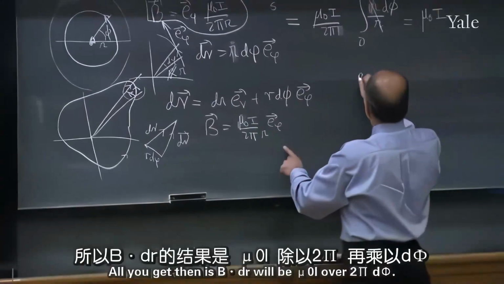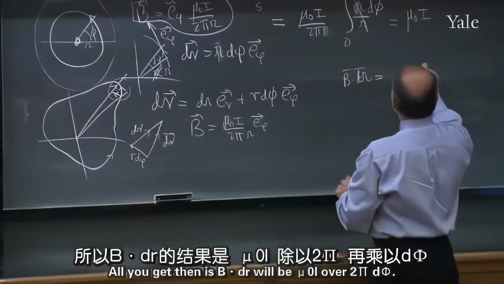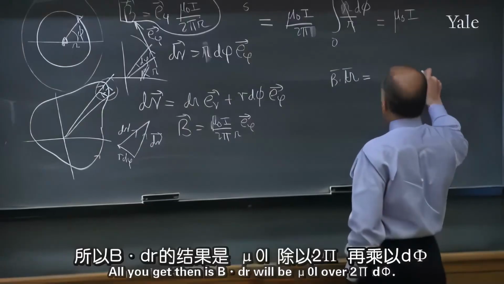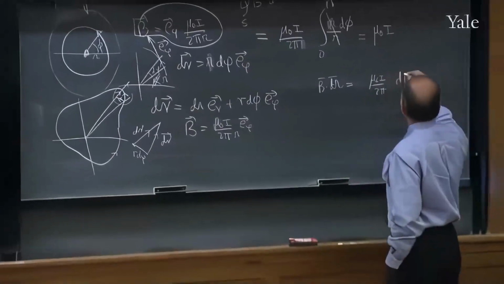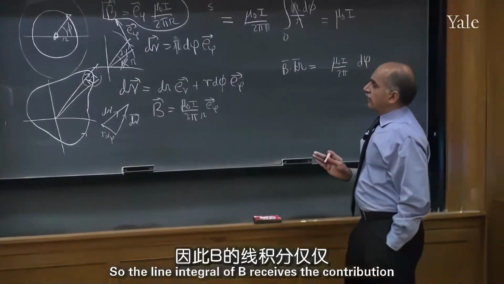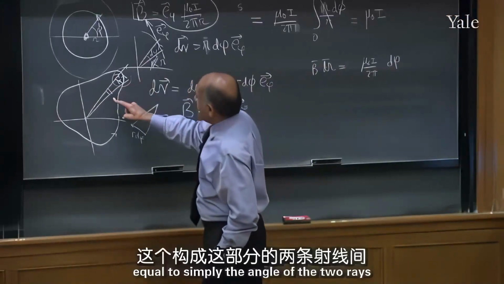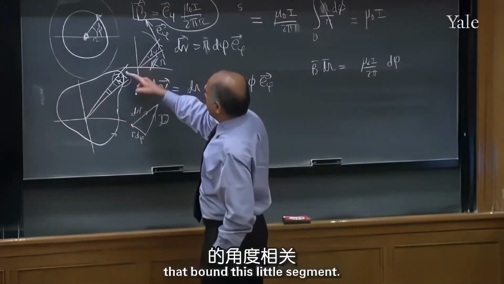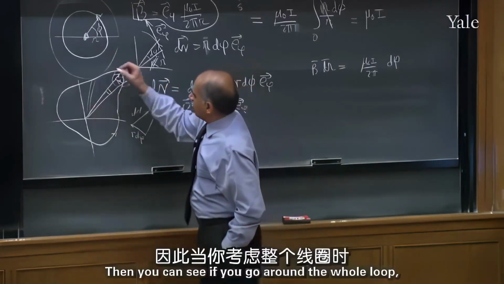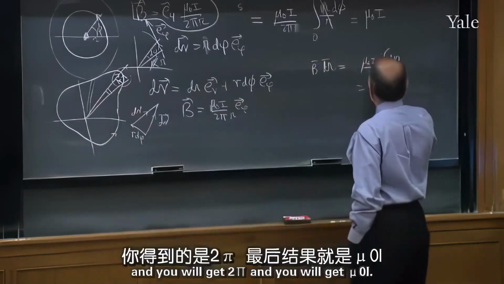All you get then is B dot dl equals mu 0 I over 2 pi dphi. So the line integral of B receives a contribution equal to simply the angle between the two rays that bound this little segment. Then if you go around the whole loop, you just add up all the dphi's and you get 2 pi, and you get mu 0 I.